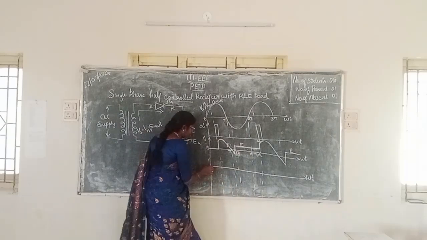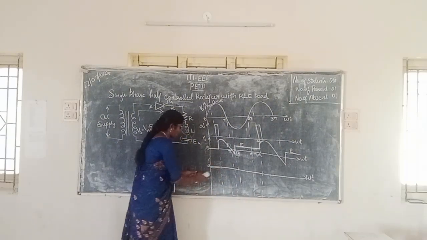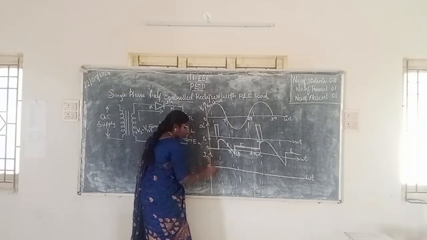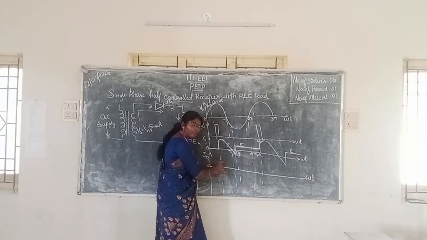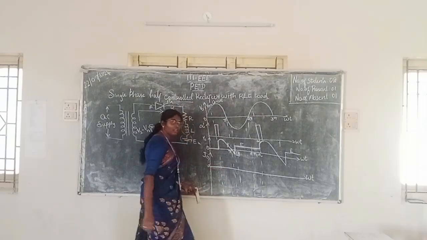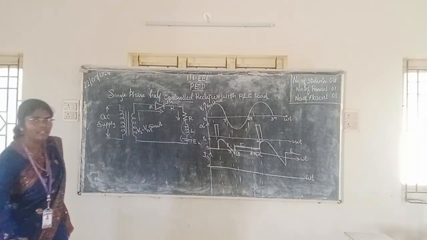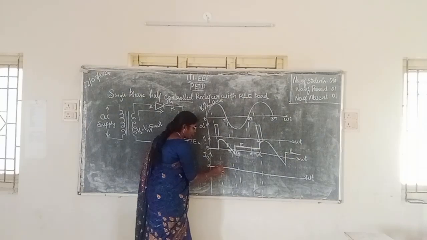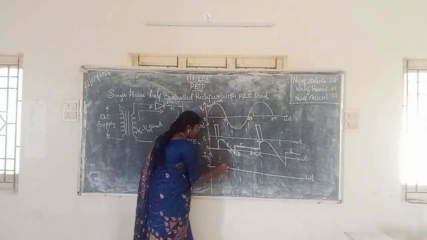Till the firing angle is given, the output current I naught remains 0. After that, due to the inductance nature, the current will not increase drastically as in the resistive load, because inductance is storing some energy. So it will increase slightly.